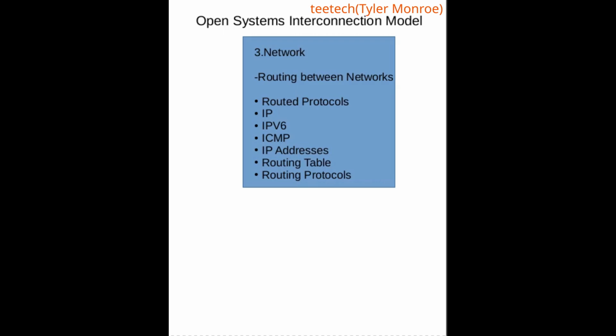And what a routed protocol is, it just means it has information in there so routers can figure out where to send it. That's all that means. And in this case, we also have other things like ICMP, that's for debugging and things like that. And IP addresses are what these routed protocols use to figure out where to send their packets. Because at layer 3, these are packets.